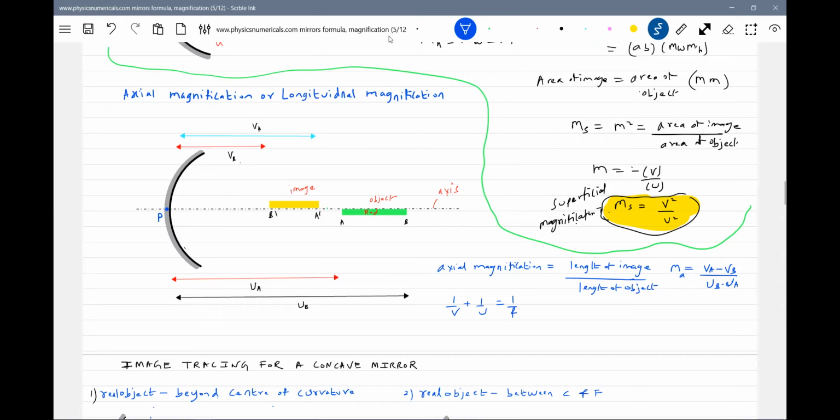We'll measure things like this here. So if it is small, we can also just differentiate. So this will become minus 1 by U square dU.